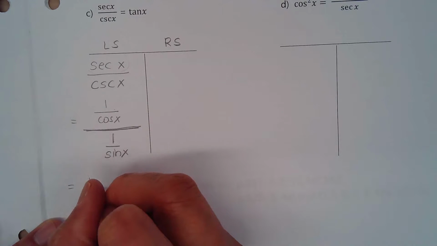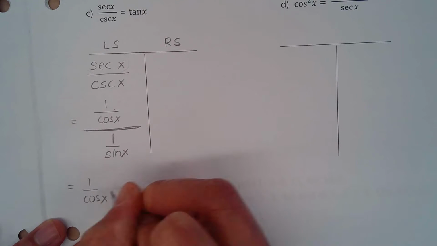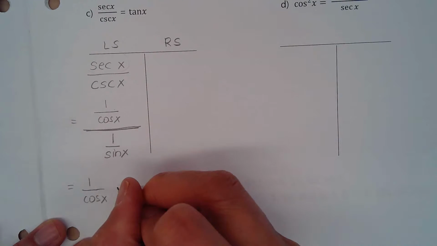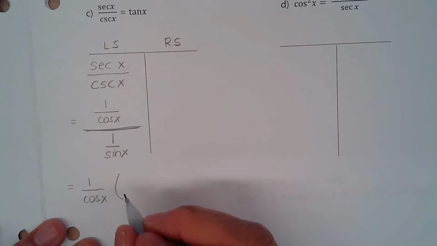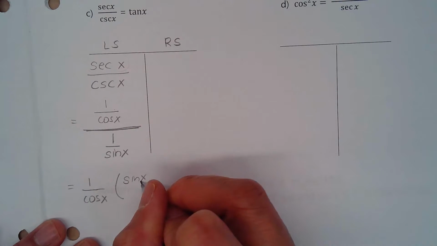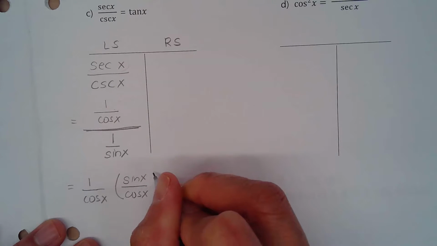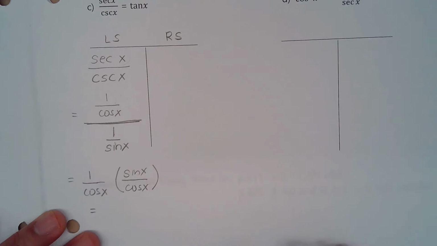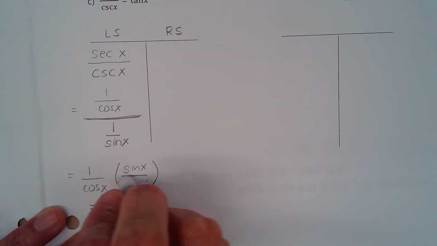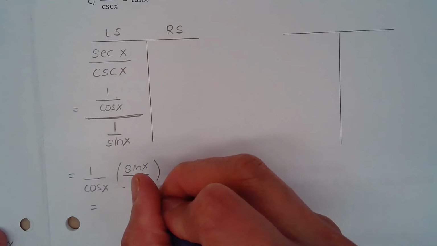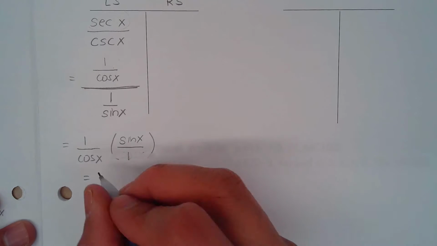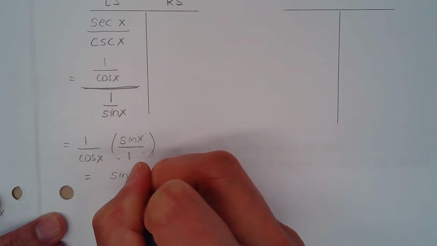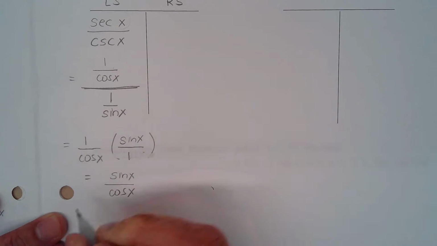So it becomes 1 over cos of x times the reciprocal, so it's going to be sine of x over cos of x.